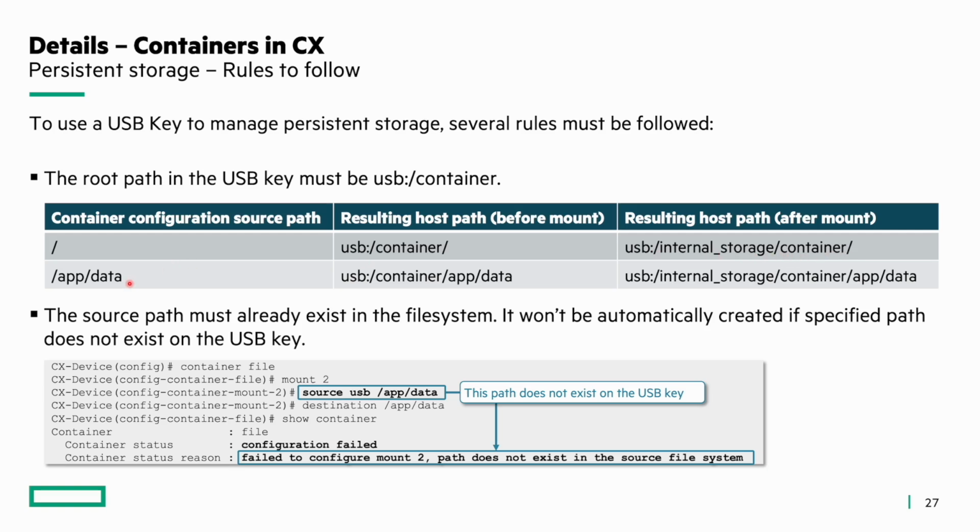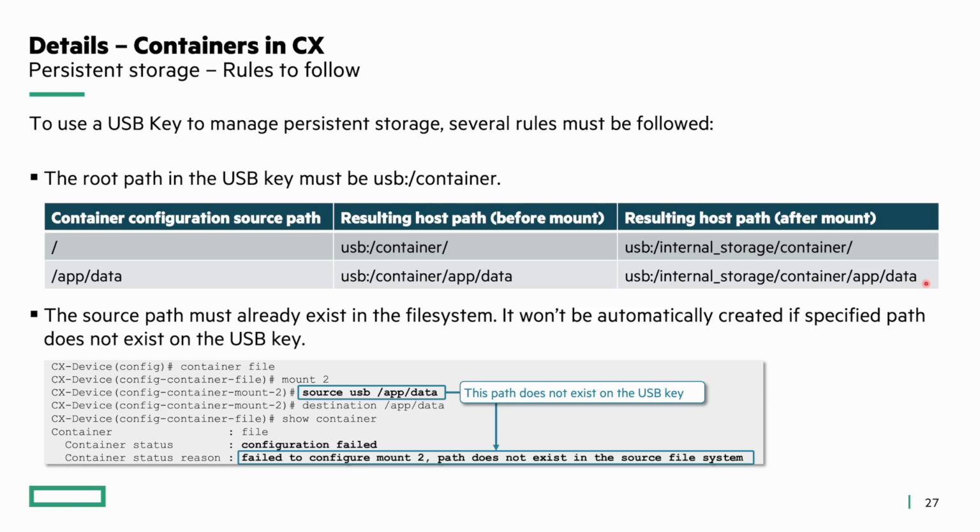If we use another path like /app/data, we are targeting USB:/container/app/data before the mount. After the mount, it will be USB:/internal storage/container/app/data.